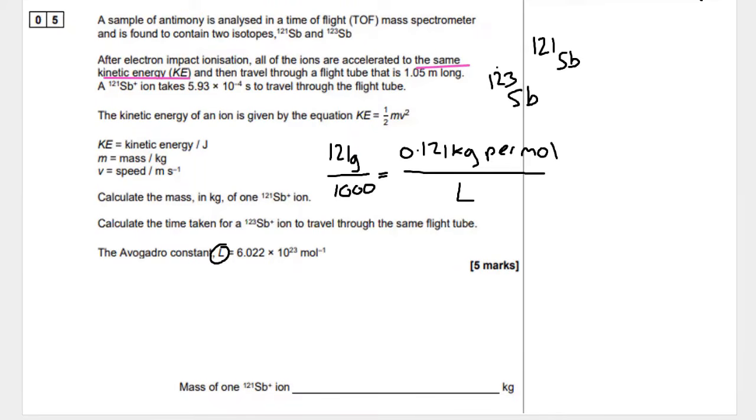We get an answer of 2.009 times 10 to the minus 25. There's a whole bunch of other numbers, but they're pretty low.